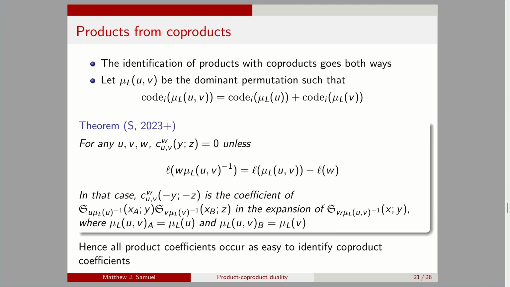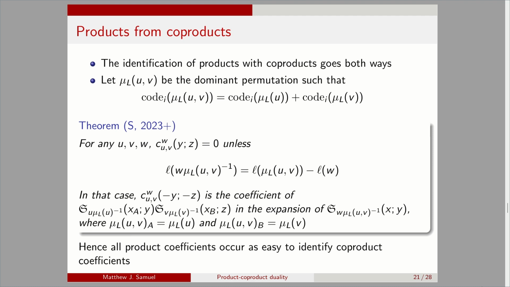So we've used products to get coproducts so far, but now we want to use coproducts to get products. So we identify coproduct coefficients that give us any product coefficient that we want. So first we define a dominant permutation for given u and v, mu L of u and v, to be the dominant permutation whose code is the sum of the codes of mu L of u and mu L of v.